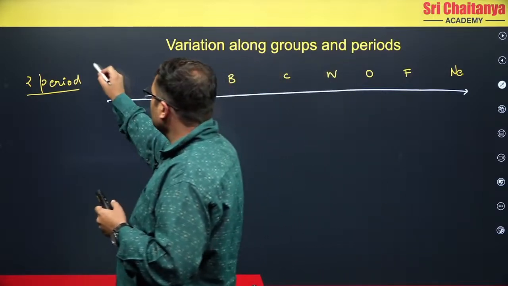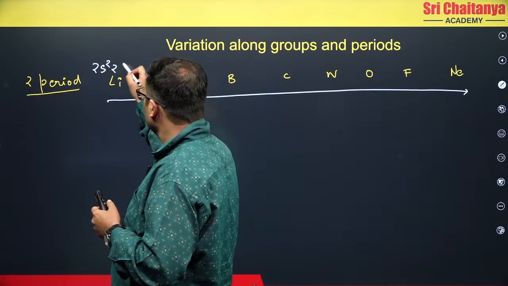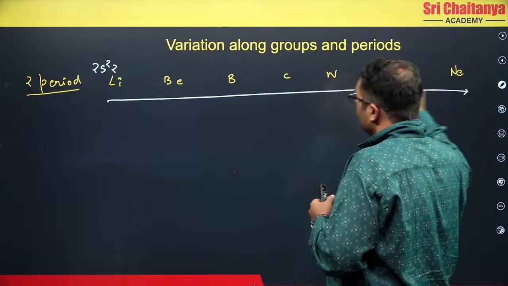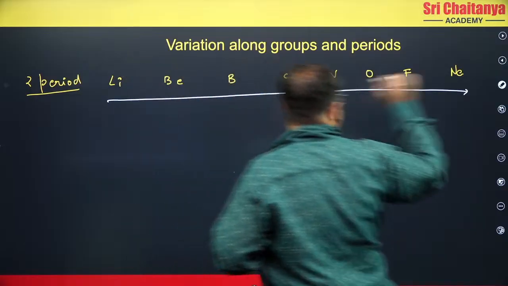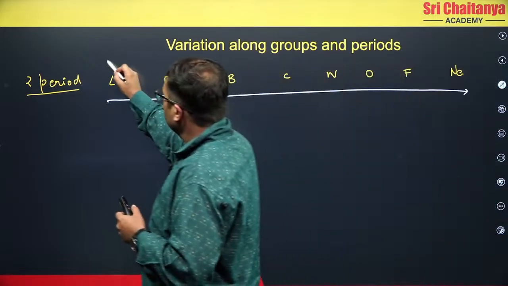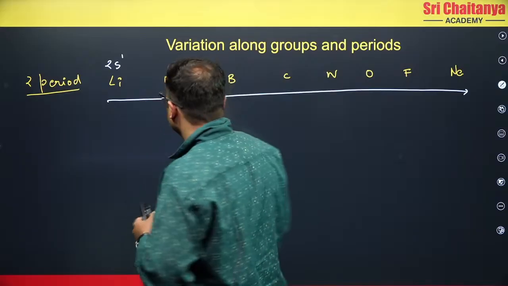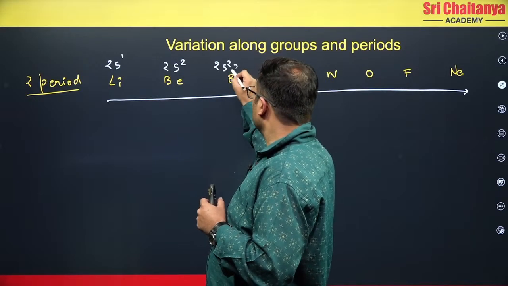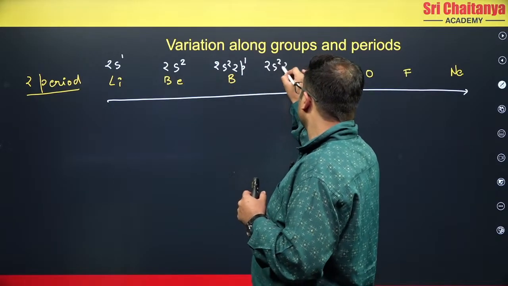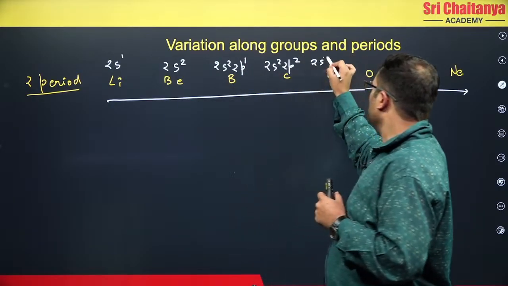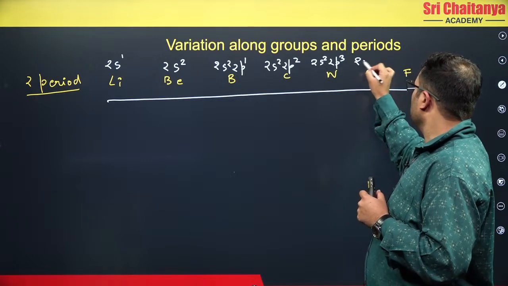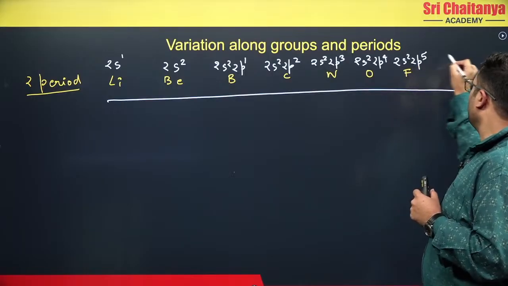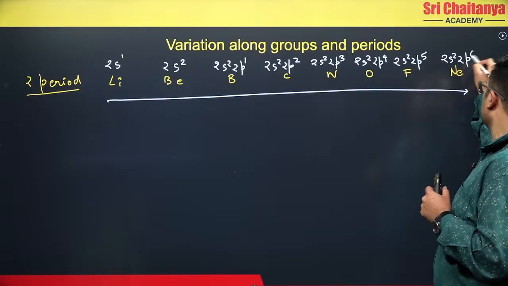Let us write the configurations here. 2s1, 2s2, 2s2 2p1, 2s2 2p2, 2s2 2p3, 2s2 2p4, 2s2 2p5, and you have 2s2 2p6.